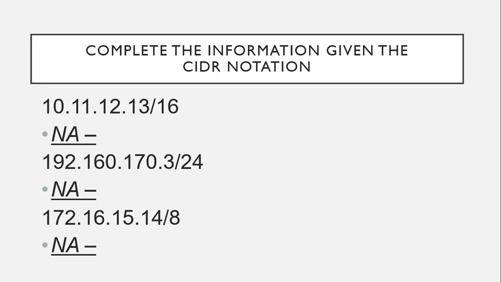So if we have subnetwork, that means all the IP addresses should have a different network address for each router. So let us try to solve for this one. What is the network address of 10.11.12.13/16? So can anyone help me out?